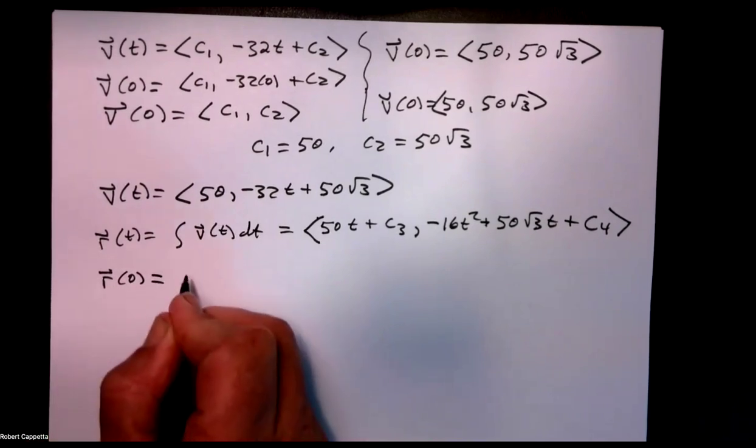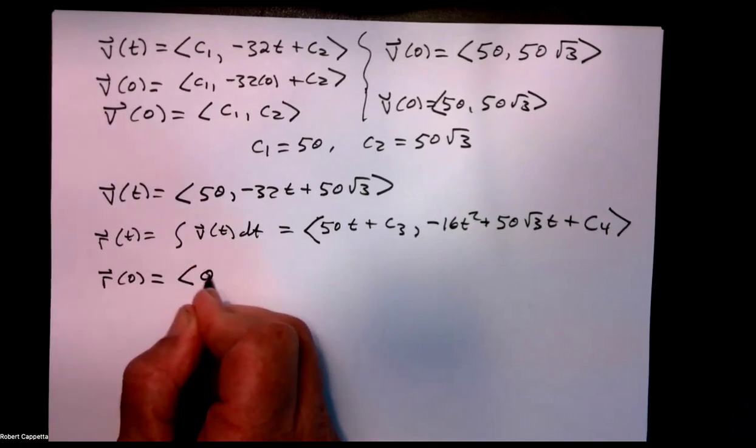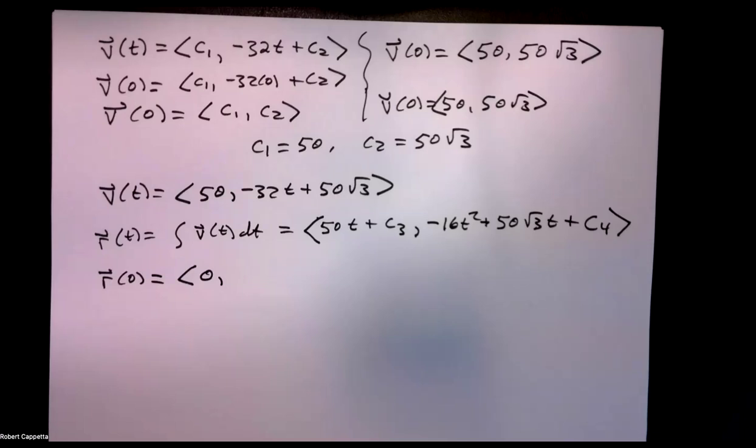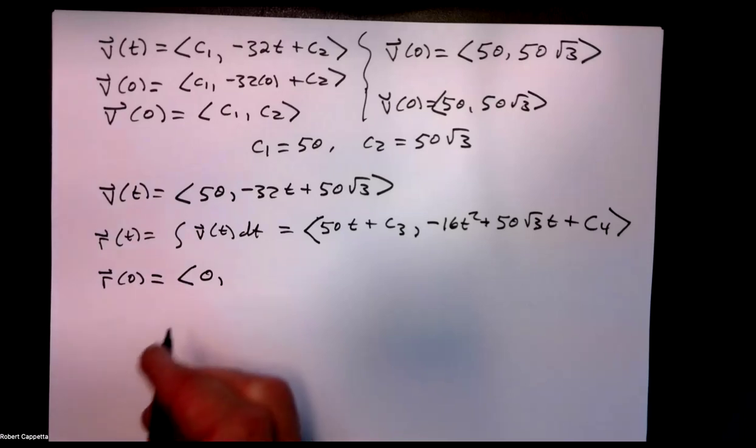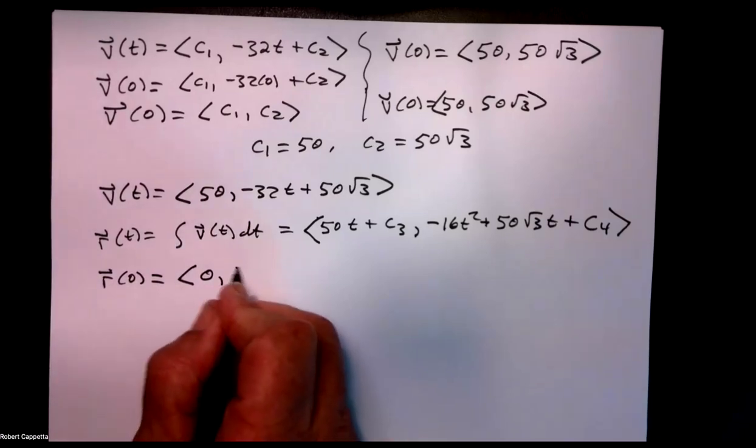We assume that our starting point has an x value of 0. We're going to define where we're starting at. Our distance from the starting point will be t, so therefore our starting point would be 0. But our initial height is 3.